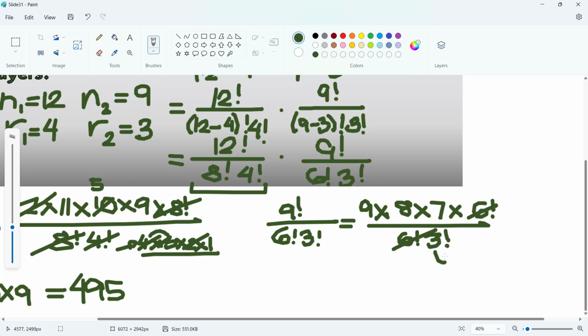But take note again, 3 factorial can be written as 3 times 2 times 1. With the factor of 3, 9 can become 3 here as I cancel that one out. And a factor of 2 for 8, which leaves 4 here. This would mean that for this result, I have only 3 times 4 times 7 over 1.